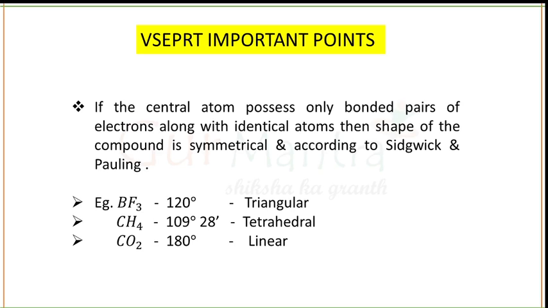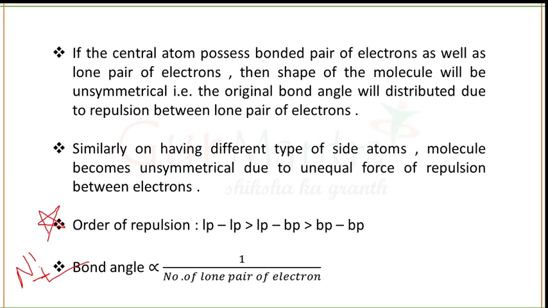For example, in BF3 the bond angle is 120 degrees and the shape is triangular. You can simply calculate the shape by the hybridization. In the case of CH4 and CO2, the bond angles are 109 degrees 28 minutes and 180 degrees, and the shapes are tetrahedral and linear.